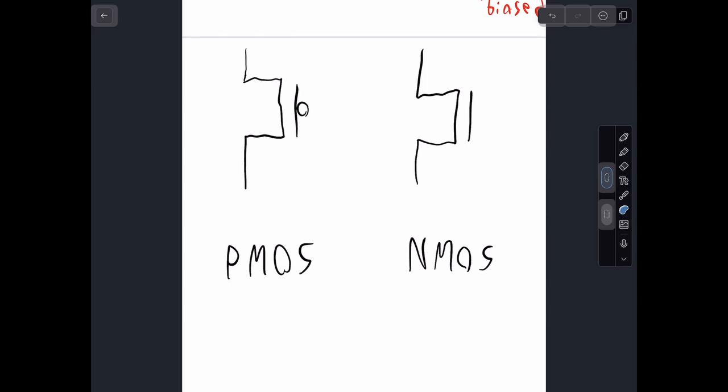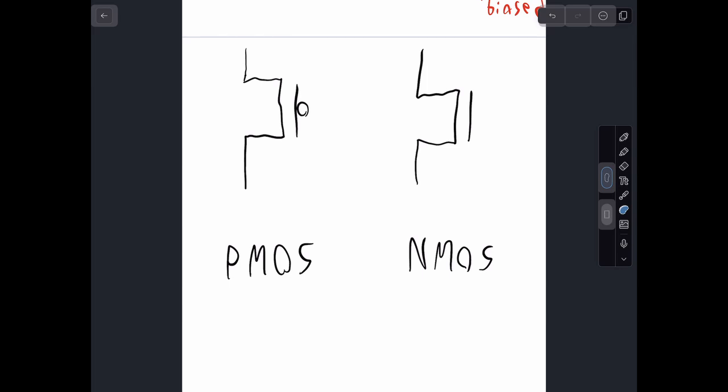Okay, and then if we write out a truth table for what this is right here, this is the drain, and this is the gate. So we can make a truth table for the gate versus the drain.